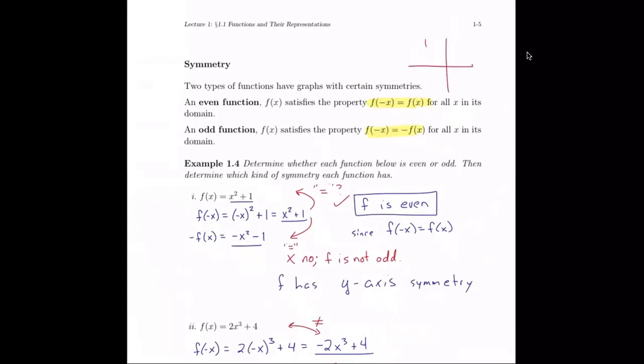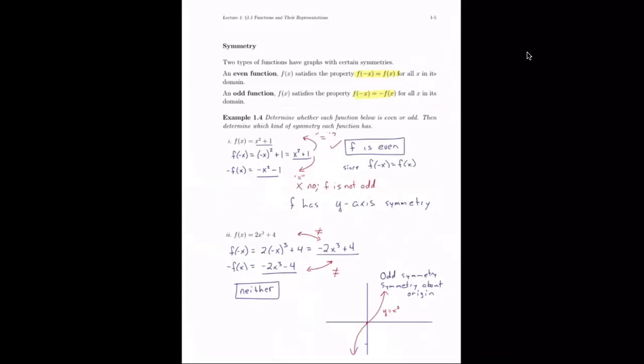So it folds along the y-axis. This curve right here that I've drawn, if we folded it along this y-axis, we'd see that if I had drawn it perfectly, both these sides would meet up and match each other. So it wouldn't matter if we put a negative x or positive x, we still get the same value up here. So that is our even symmetry. And then odd symmetry is symmetry about the origin. We'll see an example of that down below.